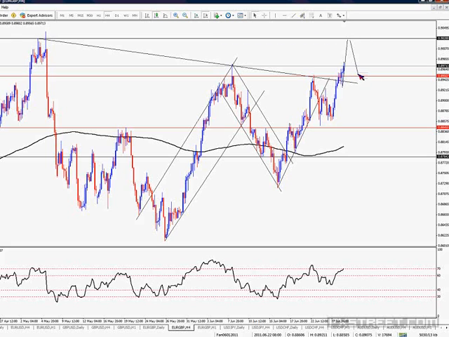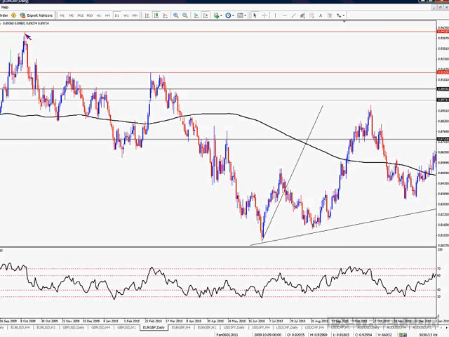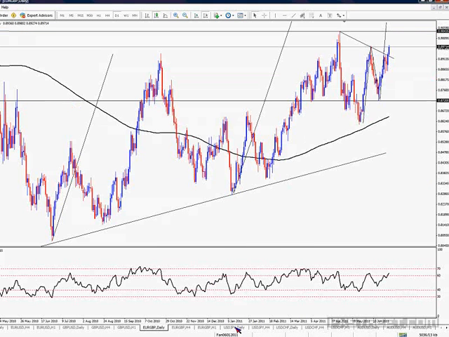If this area remains support, we should see the euro pound continue this rally towards our 2010 high, I believe, back towards 2010 highs here. And then you see after that we have this high 0.9410 area. Okay, those are your bullish projections for the euro pound.